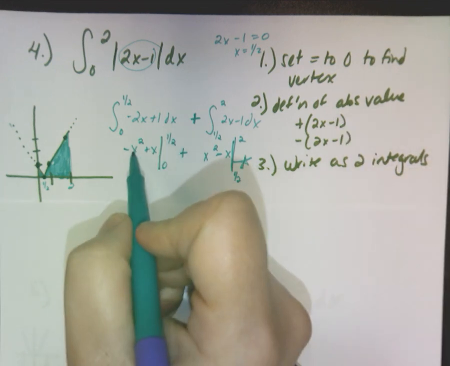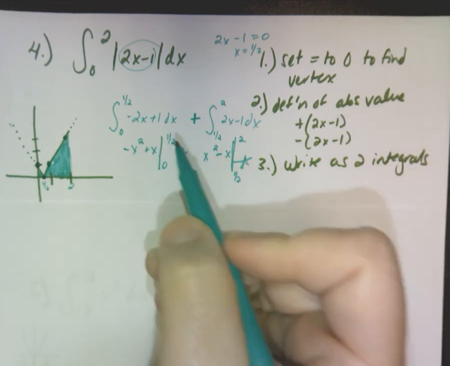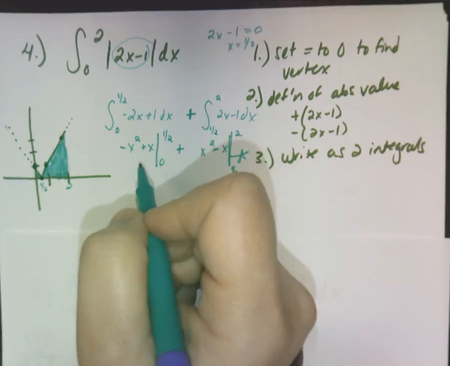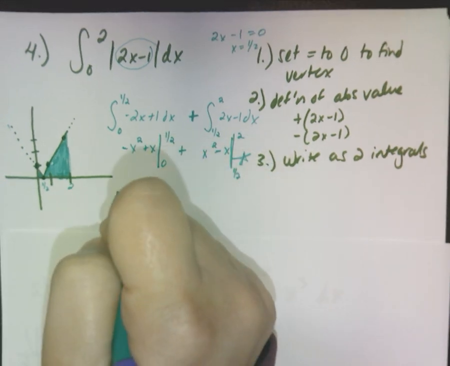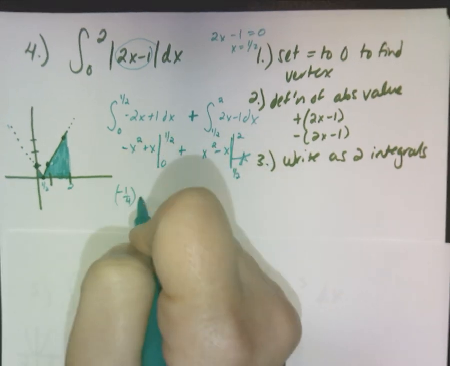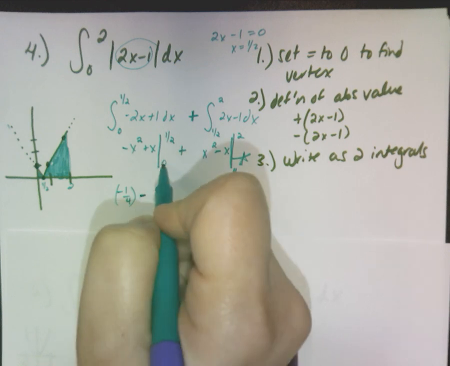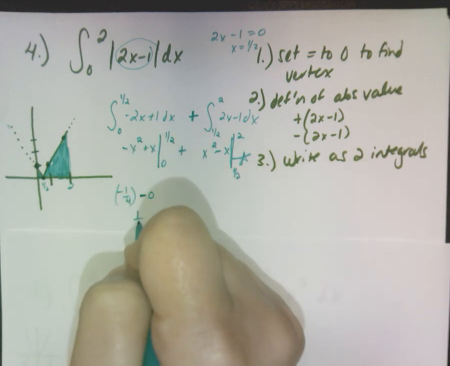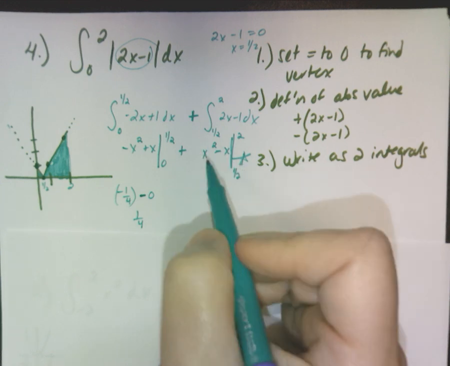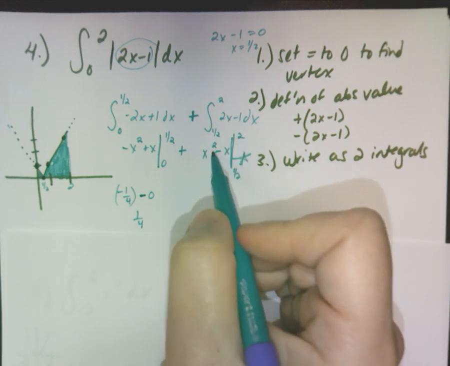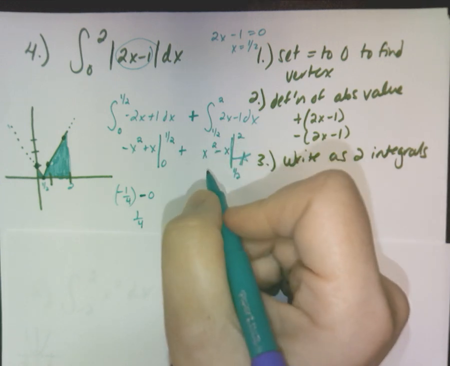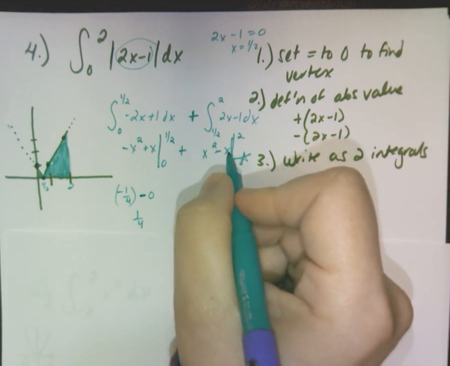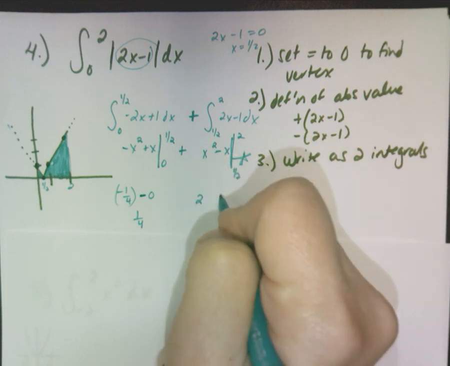So let's plug my 1/2 in. 1/2 squared is 1/4, but it's a negative on the outside, so negative 1/4 minus, plug in your lower bound, which is 0. So that's just 1/4. This one, plug in 2, so that would be 2 squared is 4 minus 2 would be 2.